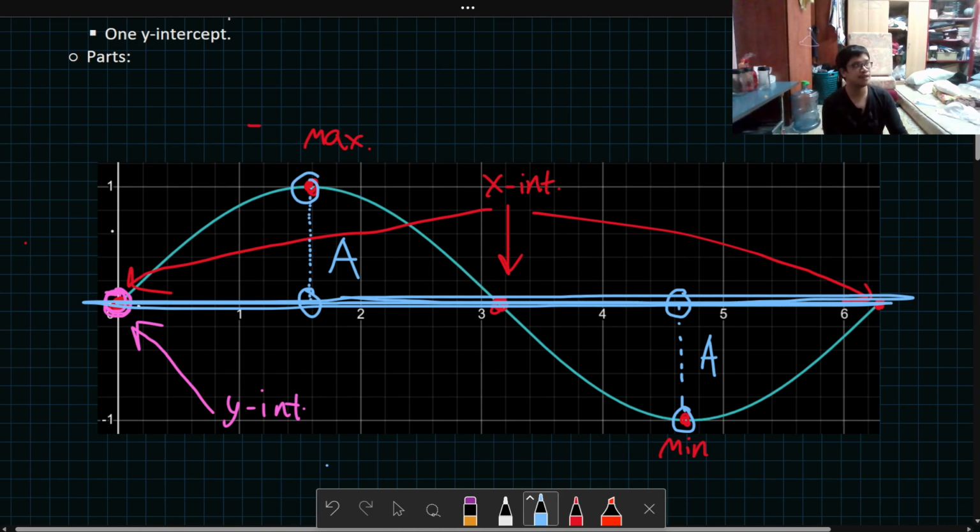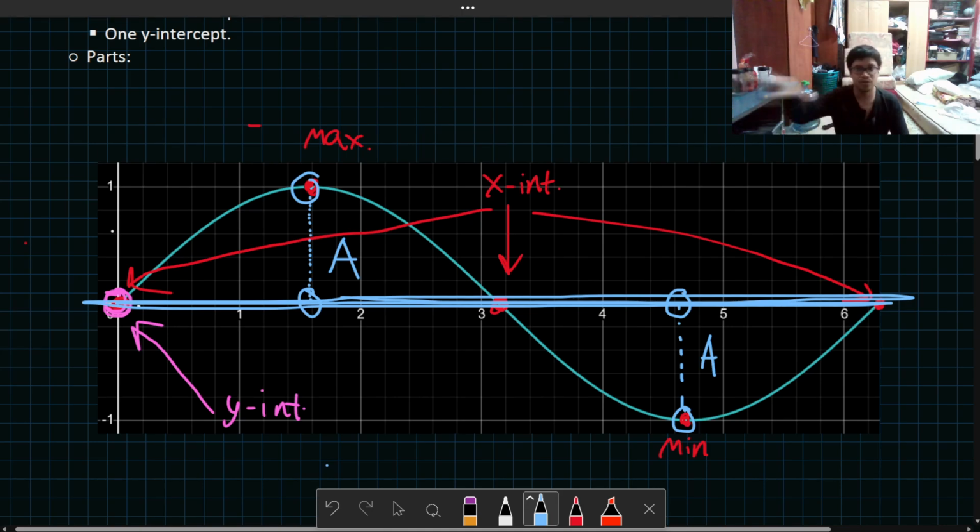Aside from amplitude, I think there's another thing. We have the midline, am I correct? Let me just search it here. Okay, yes, there exists a midline.